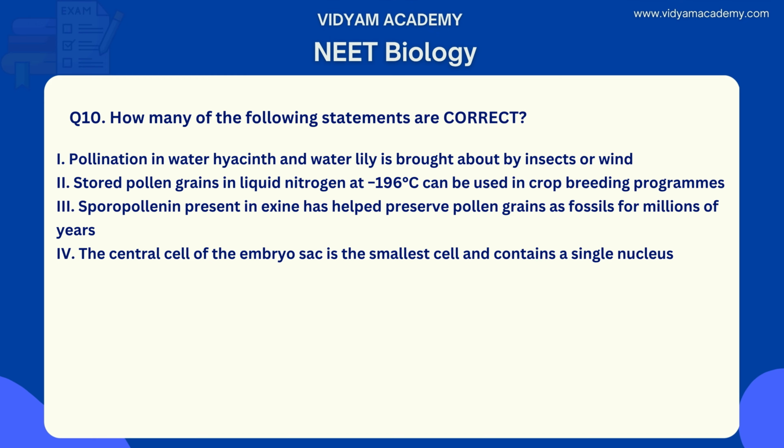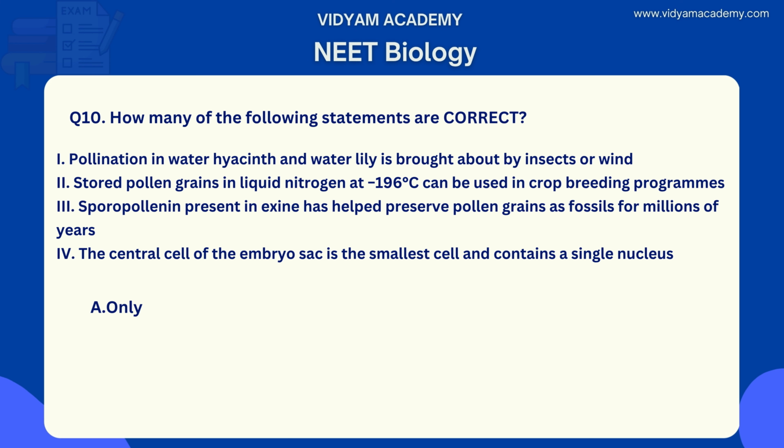Option 2, pollen grains stored in liquid nitrogen at minus 196 degrees centigrade can be used in crop breeding programs. Option 3, sporopollenin present in exine has helped preserve pollen grains as fossils for millions of years. Option 4, the central cell of the embryo sac is the smallest cell and contains a single nucleus.